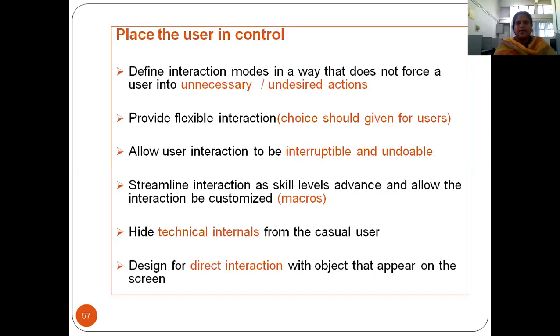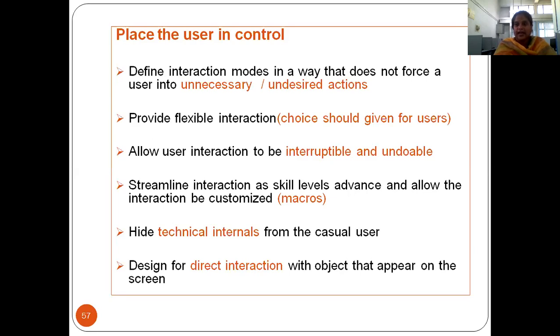So now, place the user in control. How will you place the user in control? Define interaction modes in a way that doesn't force a user into unnecessary or undesired actions. If the actions are unnecessary or undesired, we won't ask the user to interact in those actions. Provide flexible interaction, which means choice will be given to the user.